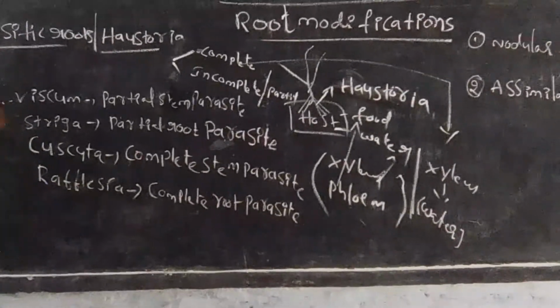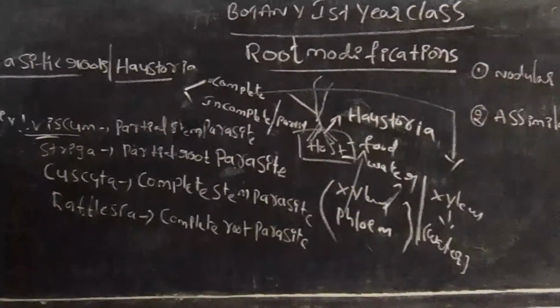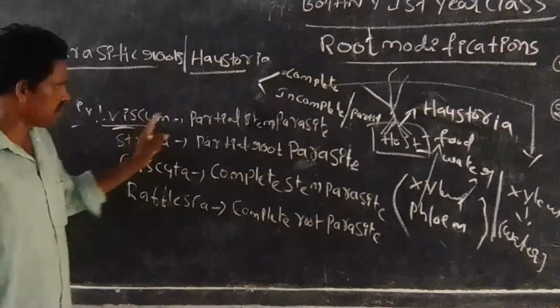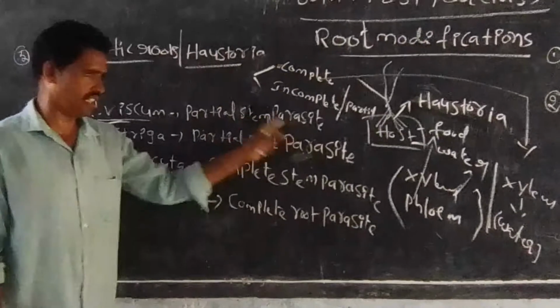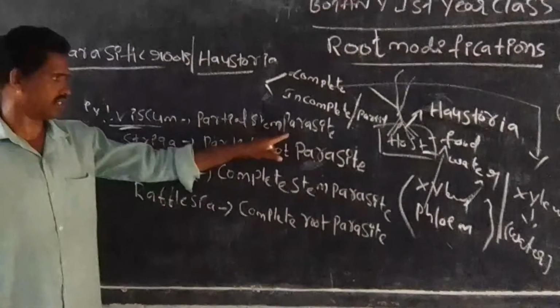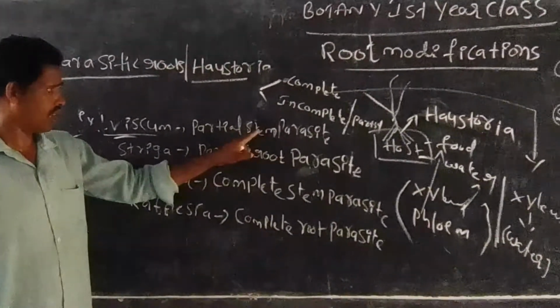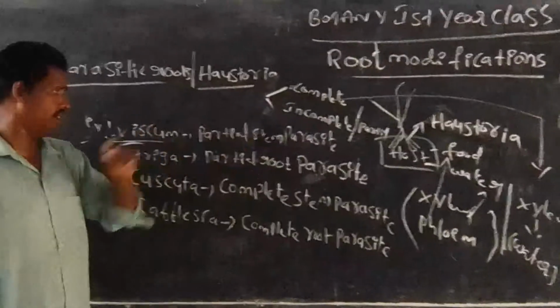See the examples. First, Viscum: it is a partial stem parasite. It provides Haustoria into the xylem tissue of the stem only.